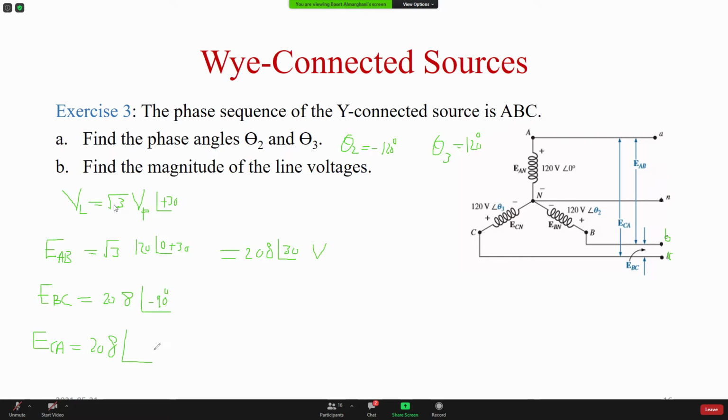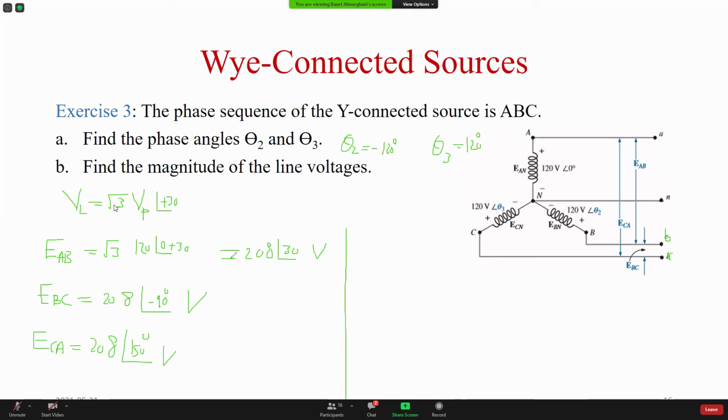Then 120 plus 30 is 150. Another way to do the angles, now the magnitude is always the same. So if you have the first voltage, you can find the other ones the same way. You can follow the sequence because it's A, B, C. So you do minus 120 plus 120. So 30 minus 120 is minus 90. 30 plus 120 is 150.